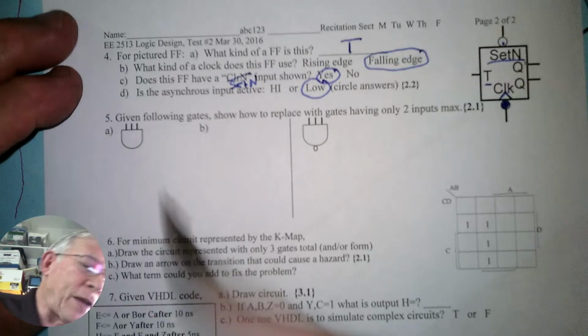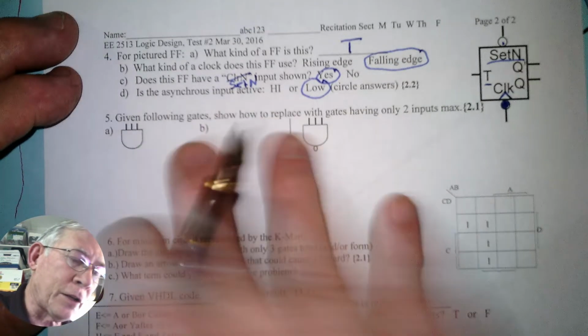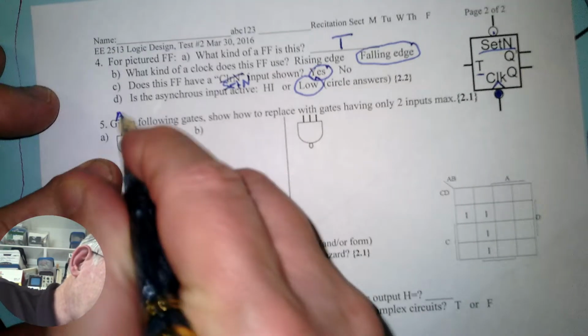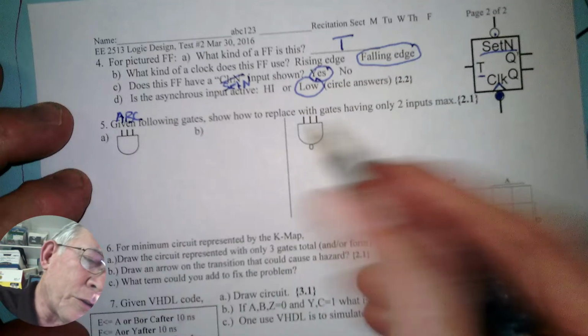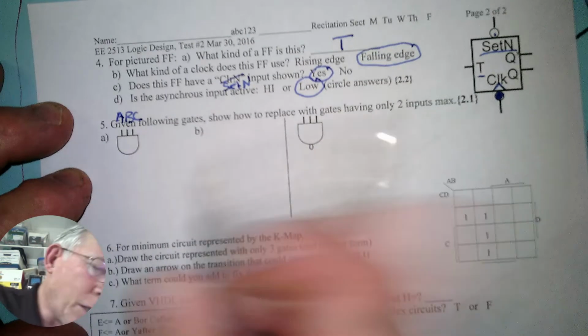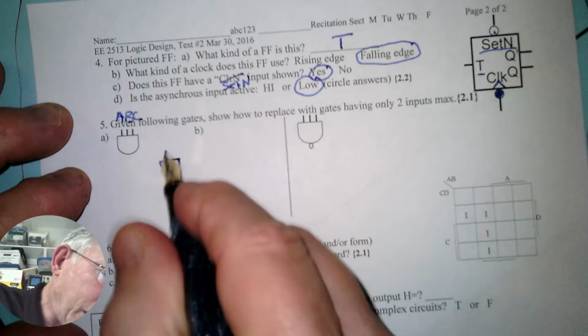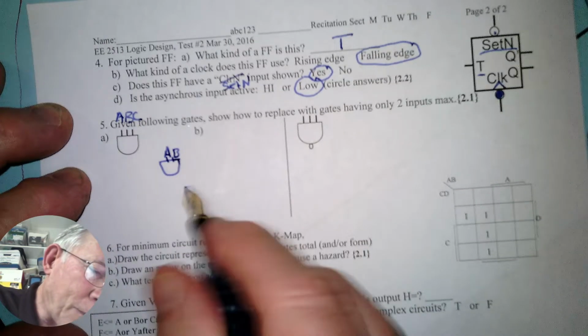Okay, remember when we talk about limited fan-in and limited fan-out. In this case, we have limited fan-in. So we have 3 variables, A, B, C, going in here to this AND gate. And all we have to do it with 2-input AND gates is have an AND gate here with 2 inputs, A and B, and then we have an output AND gate.